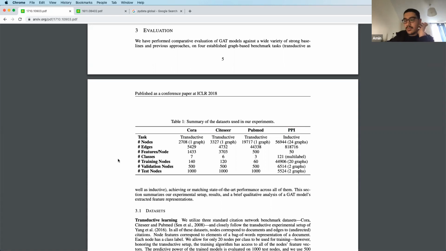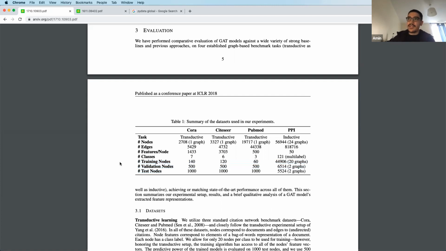The difference between those in the graph learning setting is that for transductive learning, at training and inference time, you're operating on the same graph, so there's only one graph, and you have some number of training nodes, some number of validation nodes, and testing, as it says here. But of course, every node has feature vectors, and every node can see the feature vectors of the neighbors.